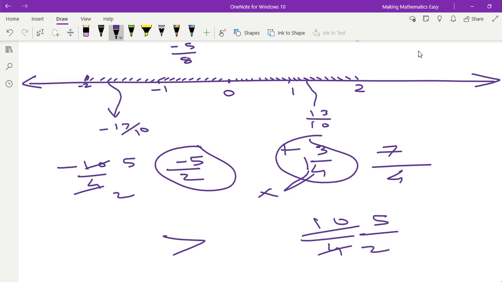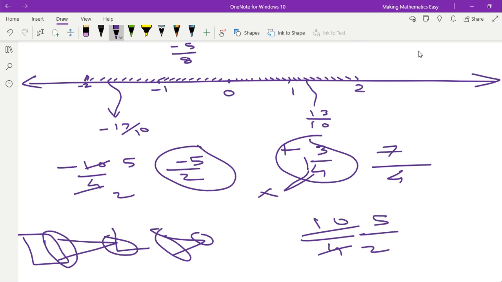When I write this, is this bigger or is this bigger? If you write this sign, how many points are over here? This is only 1 point. And how many points are on this side? This is 2 points. So this side is the greater side and this is the smaller side.